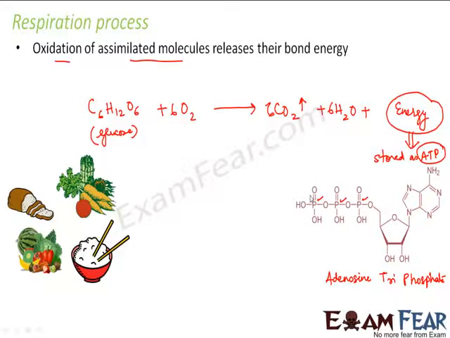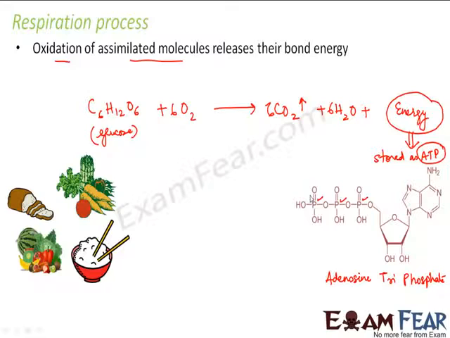So more energy needed by a cell, more ATP molecules are given. So these ATP molecules are a kind of currency of energy. So whatever energy is released, they are stored as ATP molecules. So 8 ATP molecules are given to this cell, 10 ATP molecules are given to this cell. Right? So it is a kind of currency which behaves as a storage of this energy.